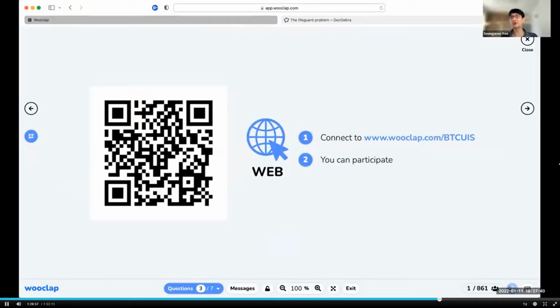Please scan this QR code to join this voting. So let's start with the first question.